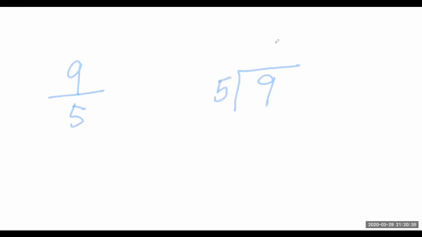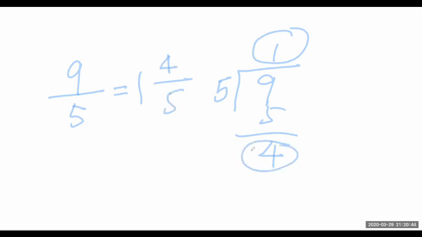How many times does 5 go into 9? 1. 5 times 1 is 5, 9 minus 5 is 4, our remainder, right? So we have 1 and 4 over 5. So the remainder goes to the top. And the whole number goes here. We good?